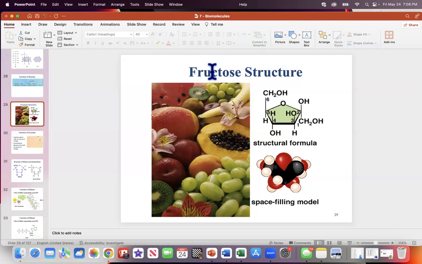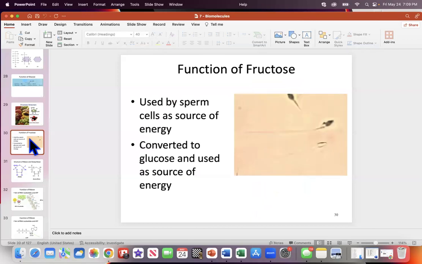So if a person has diabetes, they not just have to watch their sugar intake, they also have to watch their fruit intake, because when they eat fruit, even though it's fructose, the body will turn the fructose into glucose. And it's also used as an energy source, like in the semen. Actually, the sperm directly use fructose because they can convert the fructose into glucose, and then glucose can be used as energy source.